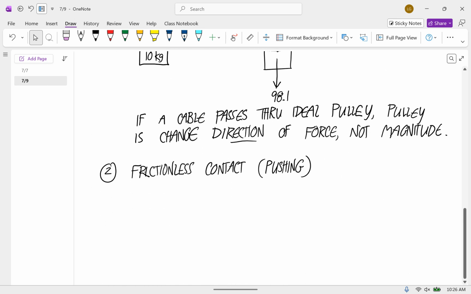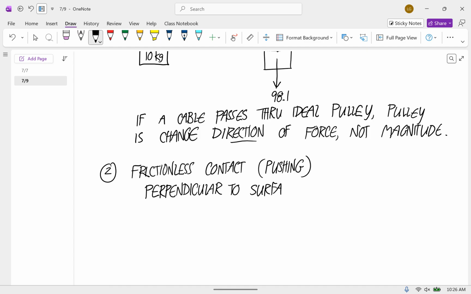And the rule for frictionless contact is that the force is perpendicular to the surface, I'll call it the surface of contact, toward the chosen body.